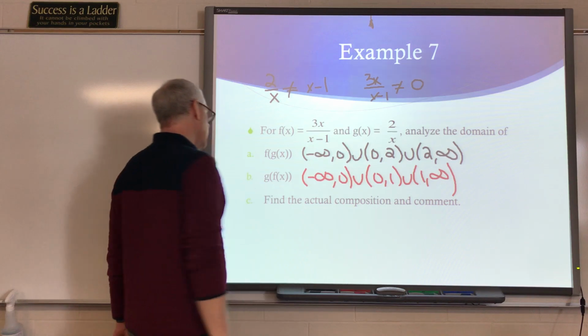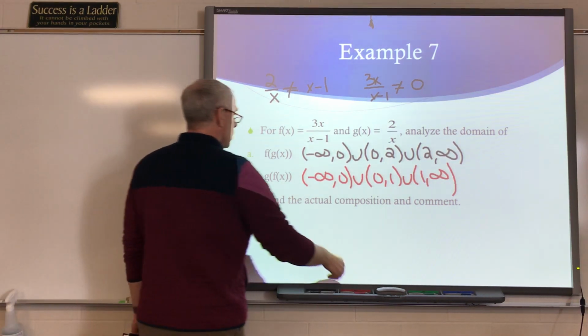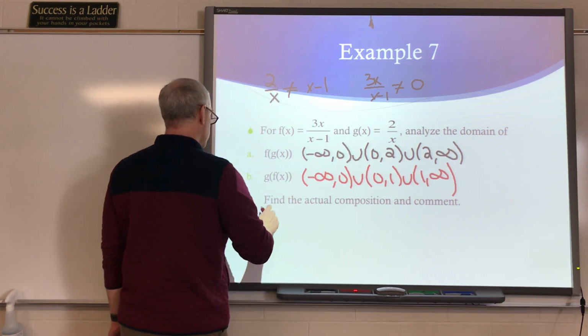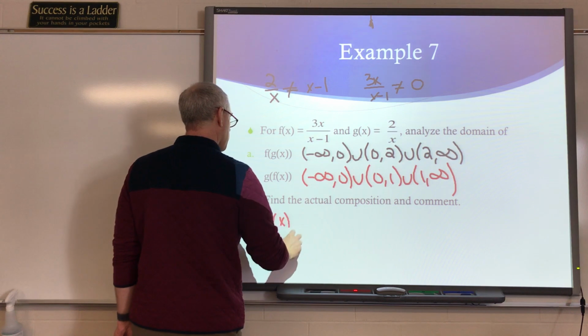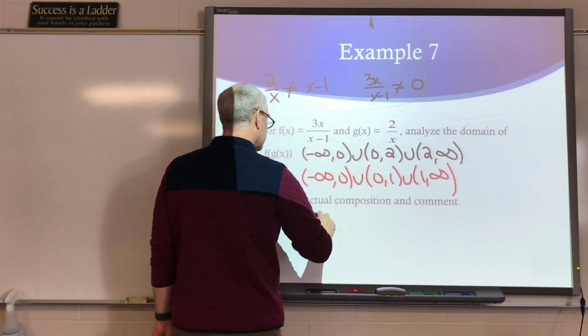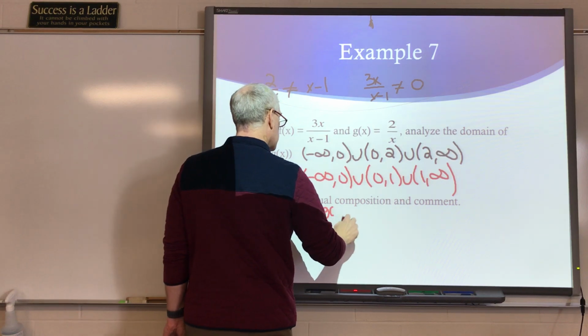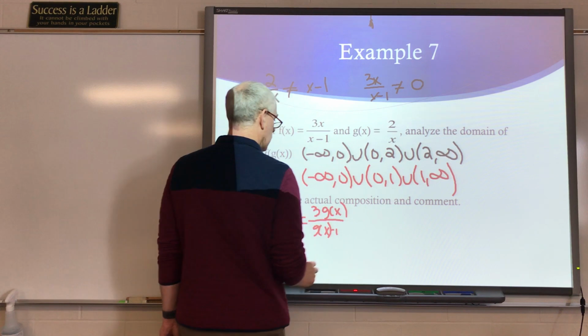And then C, find the actual composition and comment. So f of g of x, I'm going to replace the x's here with g of x's, like so.